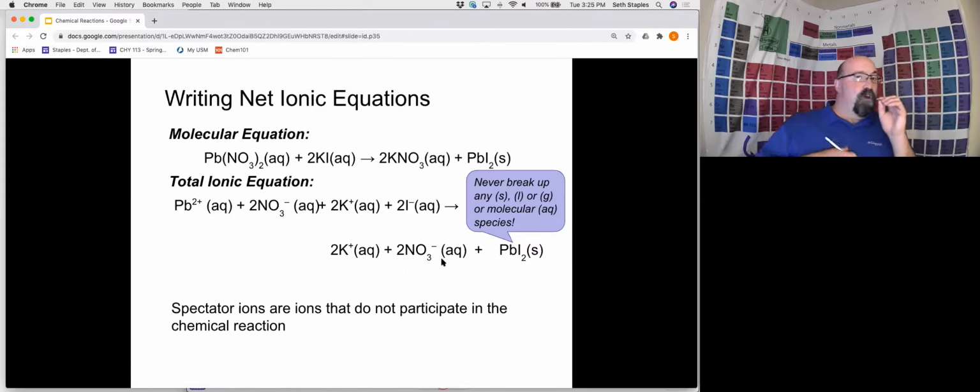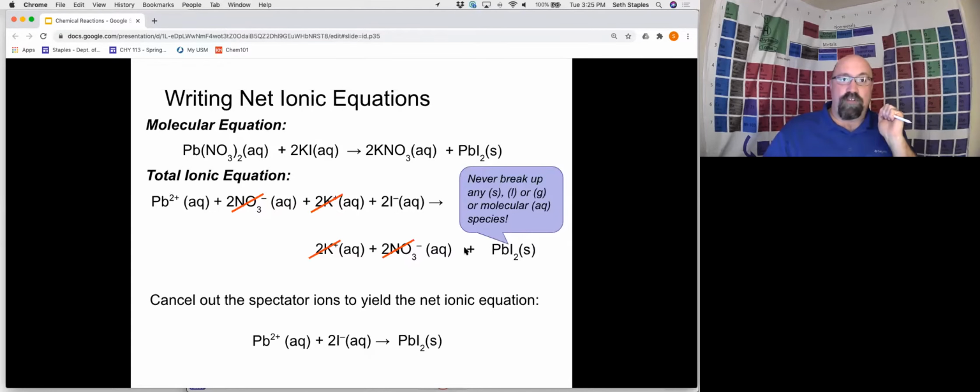This means that they're not really participating in the reaction, so to speak. The only things that are really taking part in making something new are the lead and the iodide. And so we're just going to cross those right out. We're going to cross out our potassium and our nitrates because, again, they are not actually participating in the formation of the precipitate.